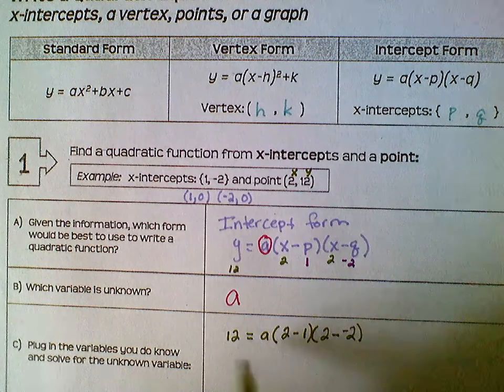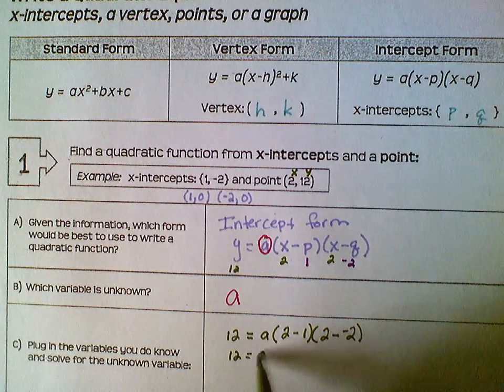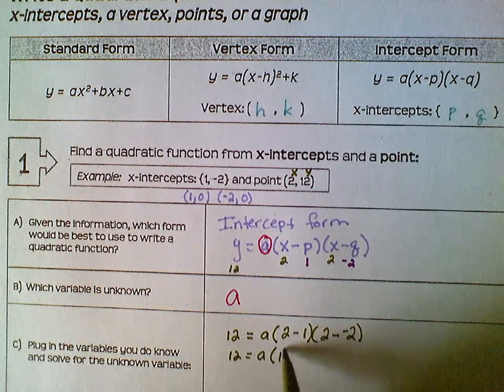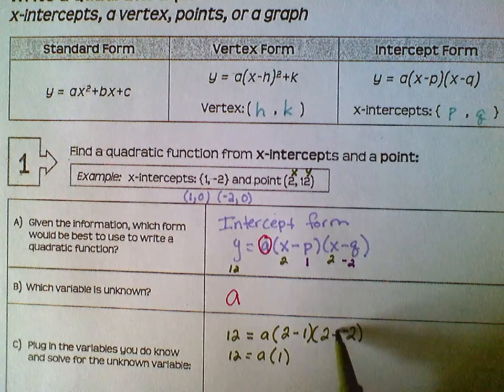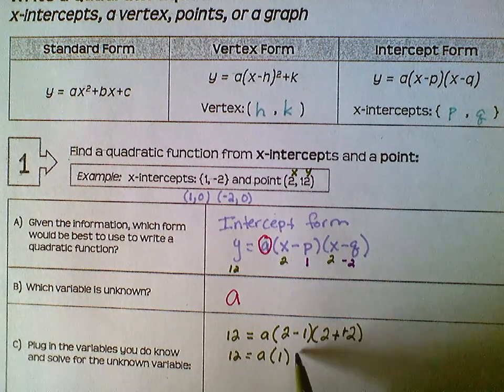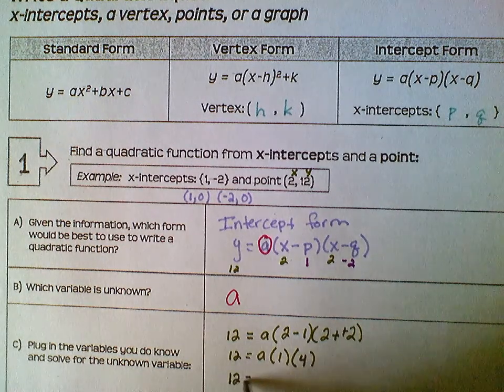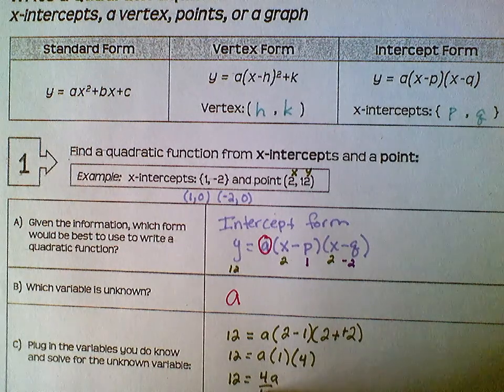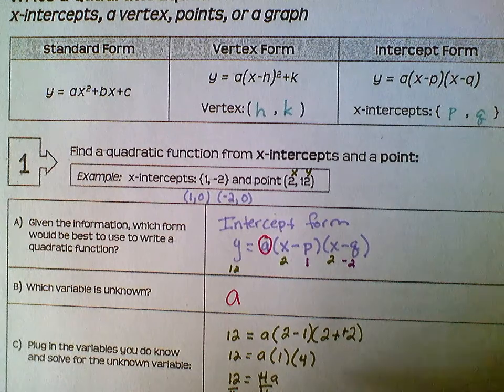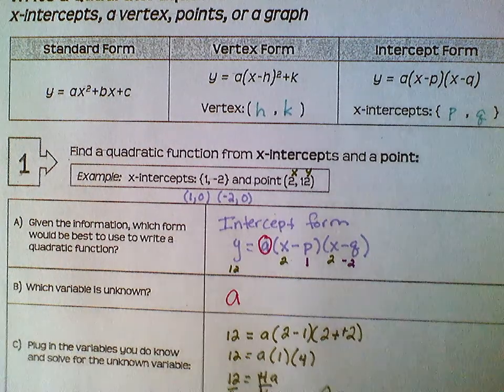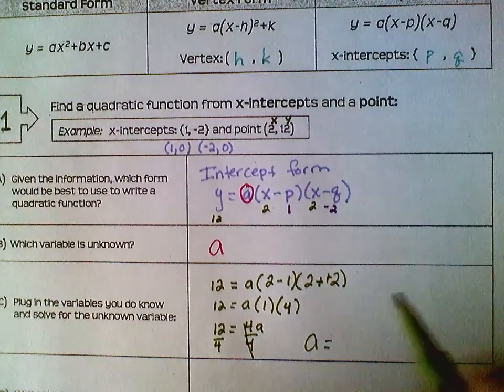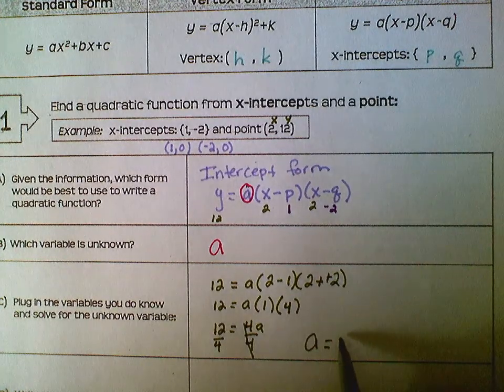When we put all this together, 2 minus 1 is 1. 2 minus negative 2, which turns to plus, is 4. So we have 12 equals 1 times 4, which is 4a. When we divide, 12 divided by 4 is 3.